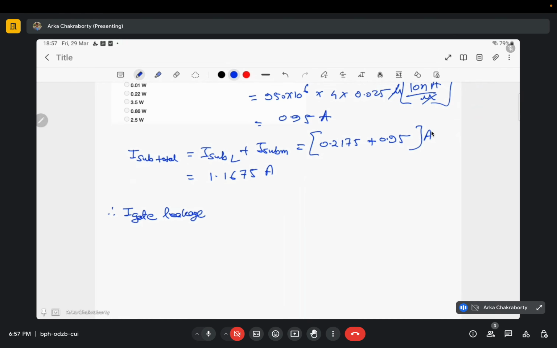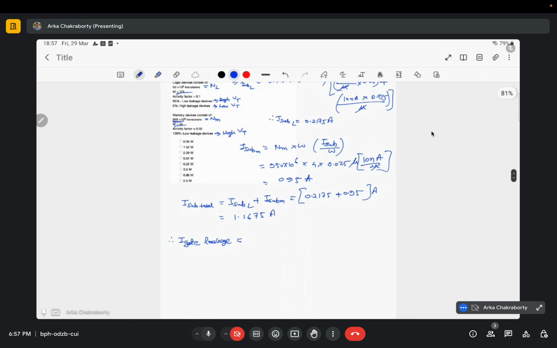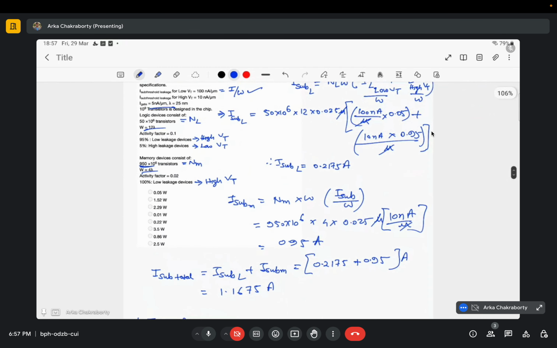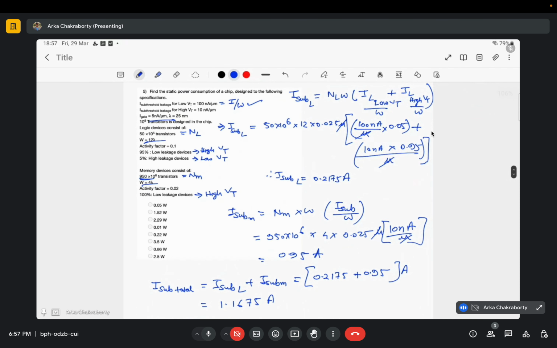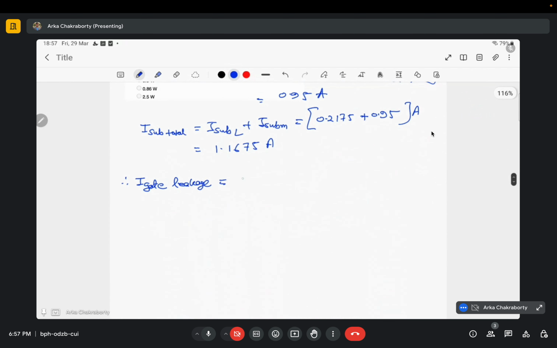Okay, so the gate leakage, I gate, is given as 5 nanoampere per micrometer. I gate per unit W into the number of memory elements into the width of memory elements plus the number of logic elements into the width of logic elements.